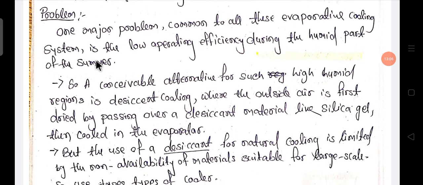So a conceivable alternative for such highly humid regions is desiccant cooling.